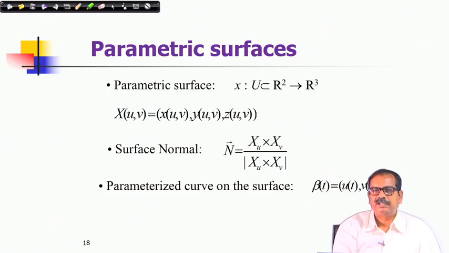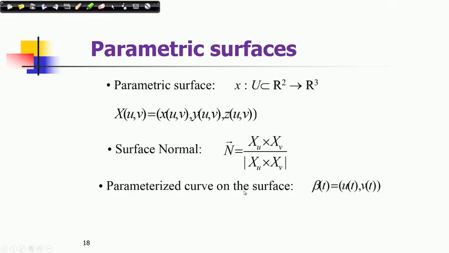So, this curve beta(t) equals (u(t), v(t)) itself will give you a parametric curve on the surface, because using these values of u and v for a particular t, you can get a curve on the surface.